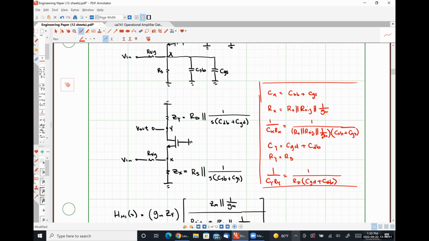Because our channel length modulation resistance occurs between our drain and our source. Ostensibly, we couldn't then use this technique, but we could absolutely use this technique if we used Miller's theorem to split that resistance R naught to have a portion of it associated only with node X and a portion of it associated only with node Y.